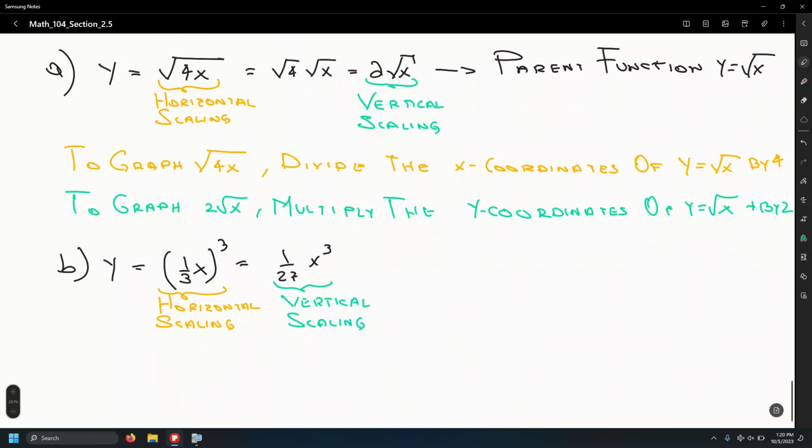Over here, the parent function looks like, what would that be? x cubed, right? y equals x cubed. So x cubed will be our parent function.